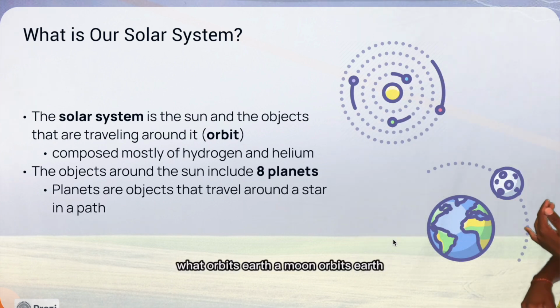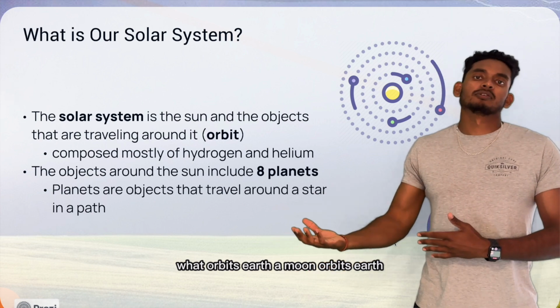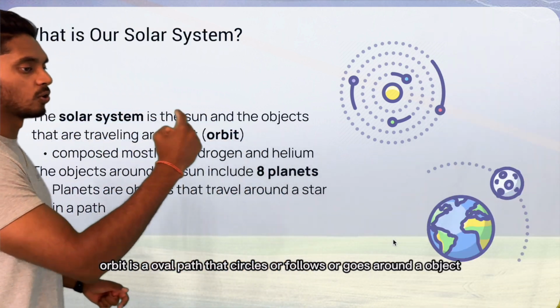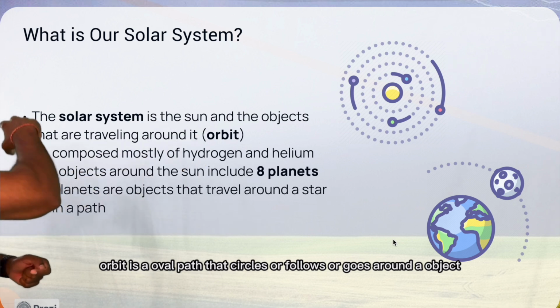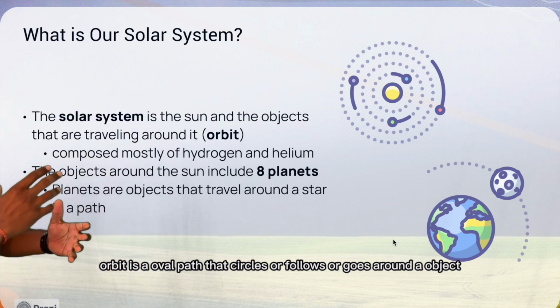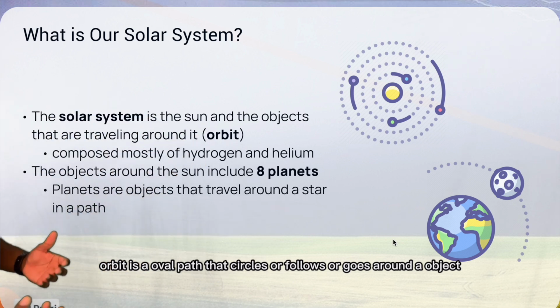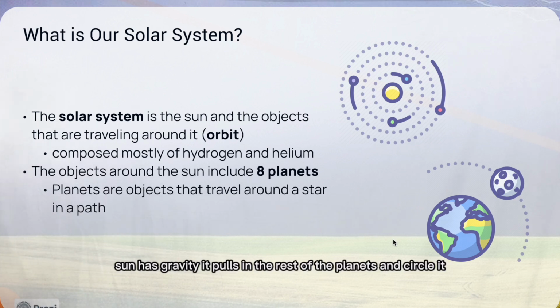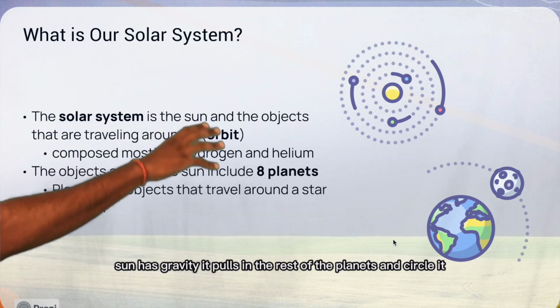What orbits Earth? A moon orbits Earth. An orbit is an oval path that circles or follows or goes around an object. In this case, it's the sun. The sun has gravity. It pulls in the rest of the planets and they circle it.